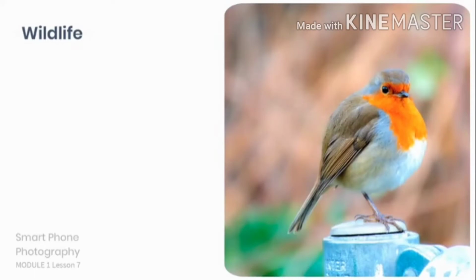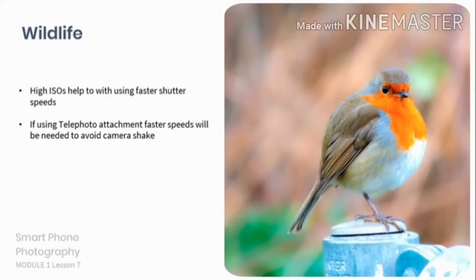Now, using higher ISOs, we'd be looking at doing things like wildlife photography, because it'll help us to maintain faster shutter speeds. It's also very important to maintain faster shutter speeds when we are using telephoto attachments, and of course it'll help to capture fast moving animals and birds.